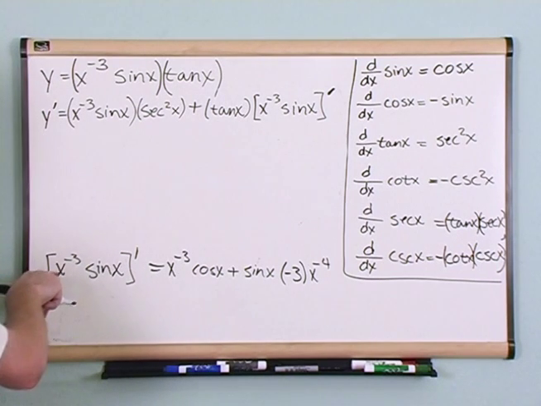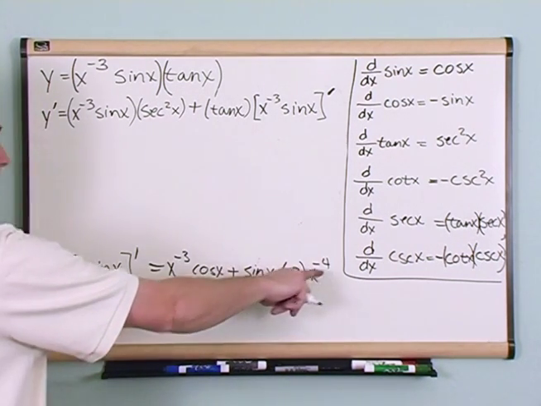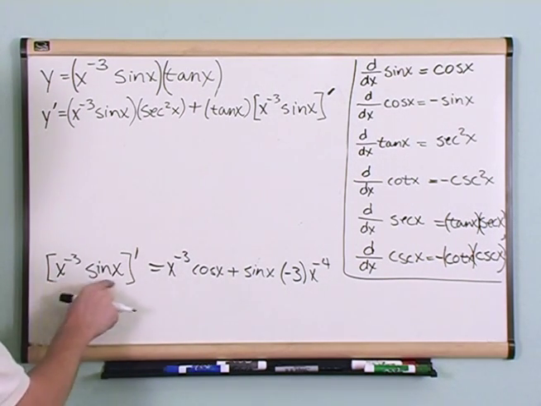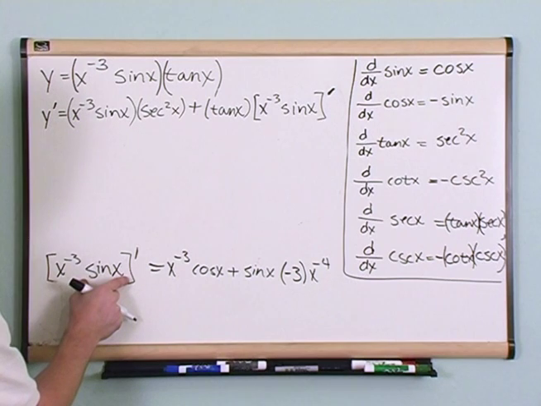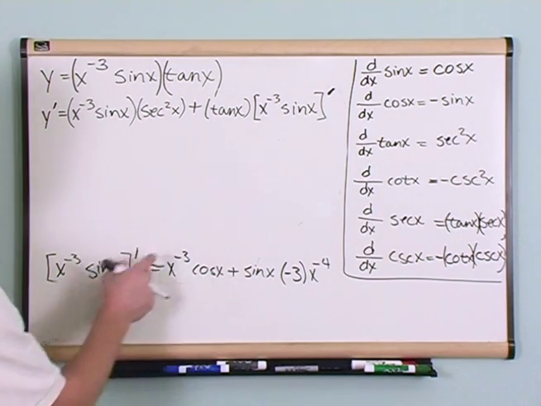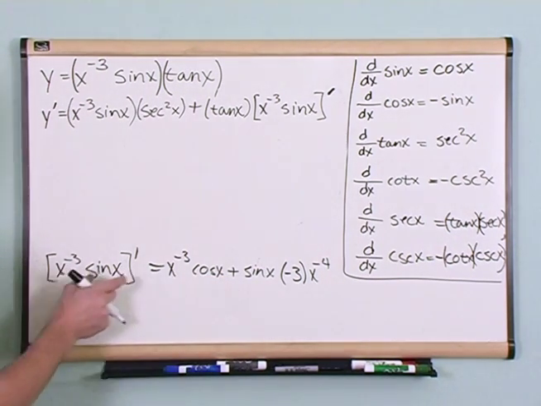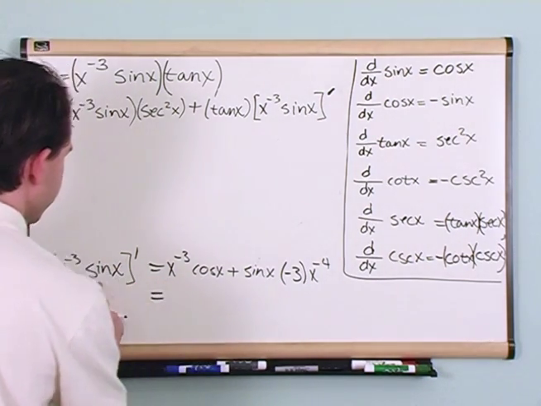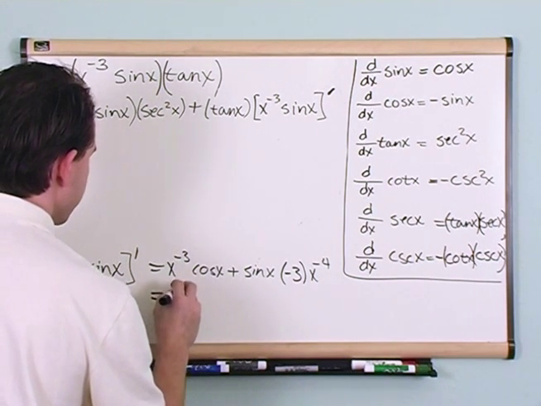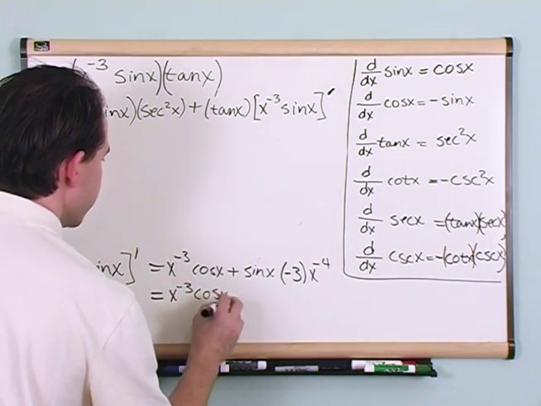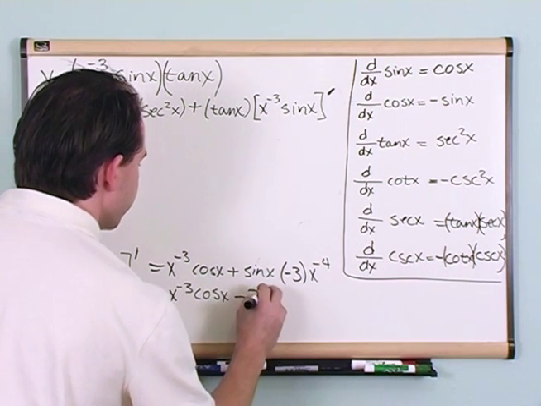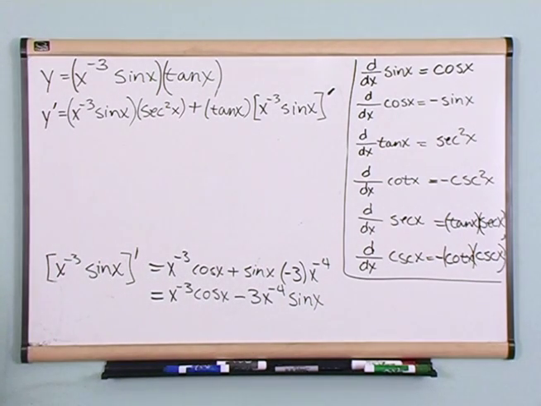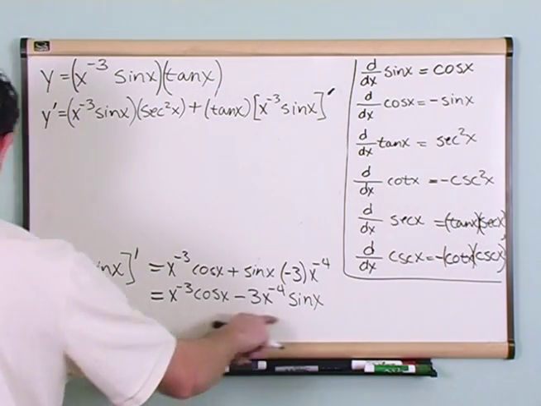The exponent comes out in front, and then you put x, and then you subtract 1 from the exponent, and that leaves you with that. So really, we're applying the same rule, but we're doing it inside here. So in the end, this term will be x to the minus 3 times cosine of x minus 3x to the minus 4 times sine of x. Okay? Which will give you basically this term right down there.